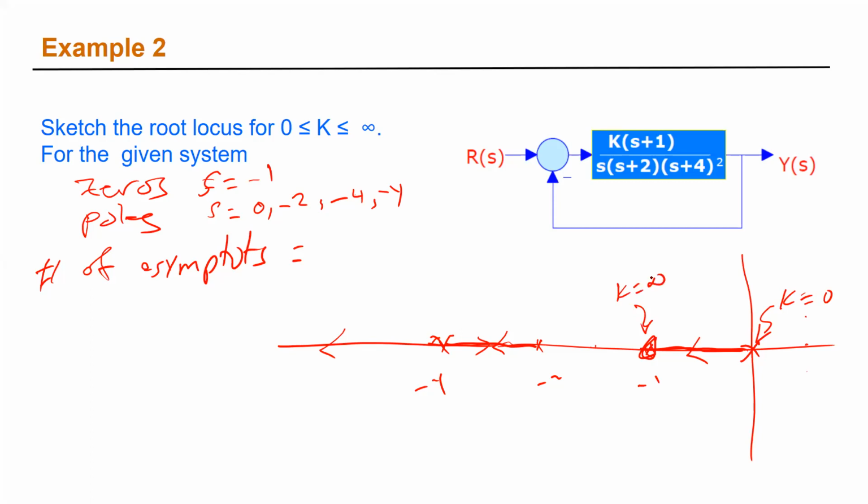Since I have only one zero and a total of 4 poles, three of the locus must go to infinity. The number of asymptotes equals the number of poles minus the number of zeros, which is 4 minus 1, equal to 3. So I will have 3 asymptotes.